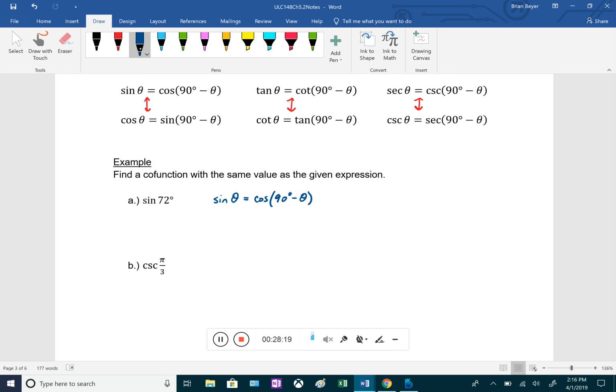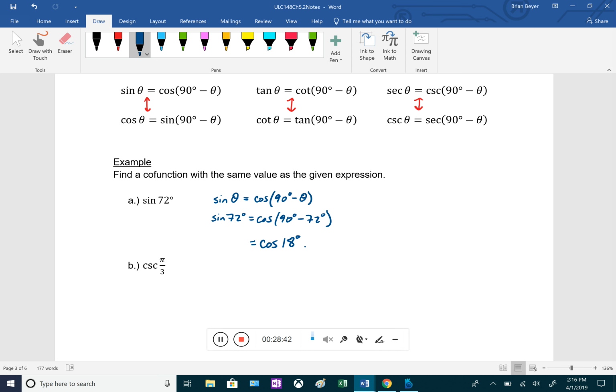So our theta here is 72 degrees, so I'm going to plug that in. Sine of 72 degrees equals cosine of 90 degrees minus 72 degrees. So all we have to do is simplify that. Sine of 72 degrees equals cosine of 18 degrees.